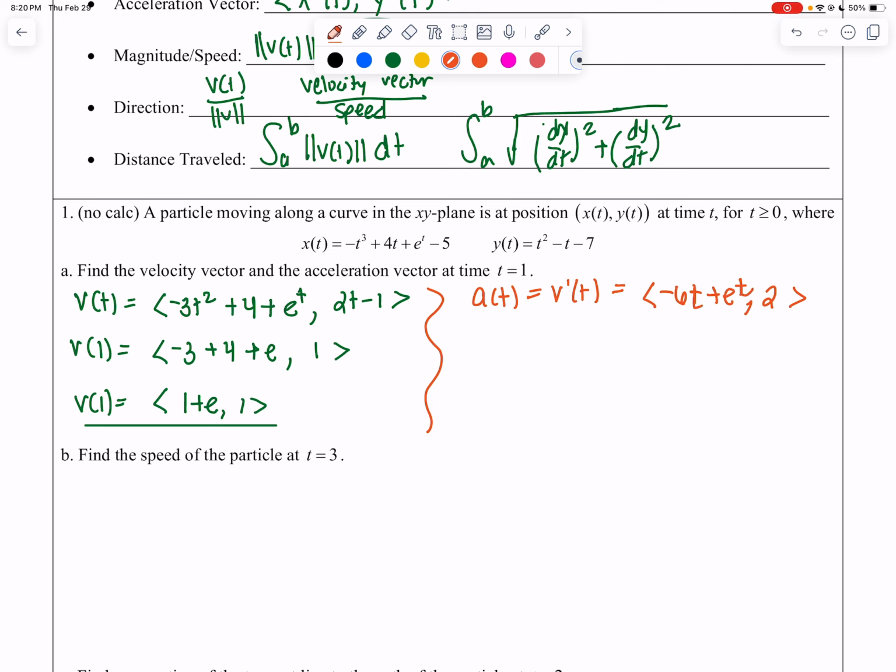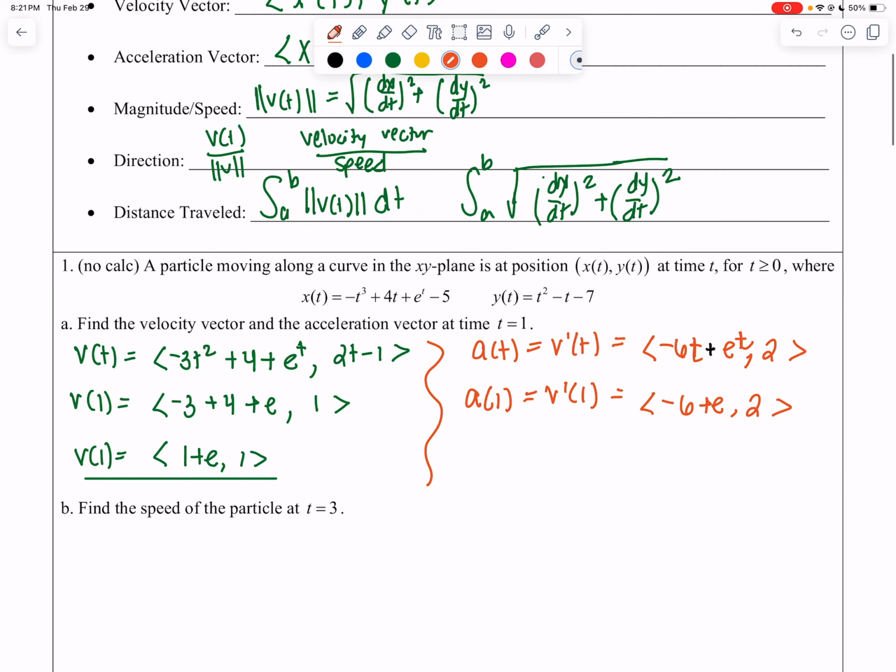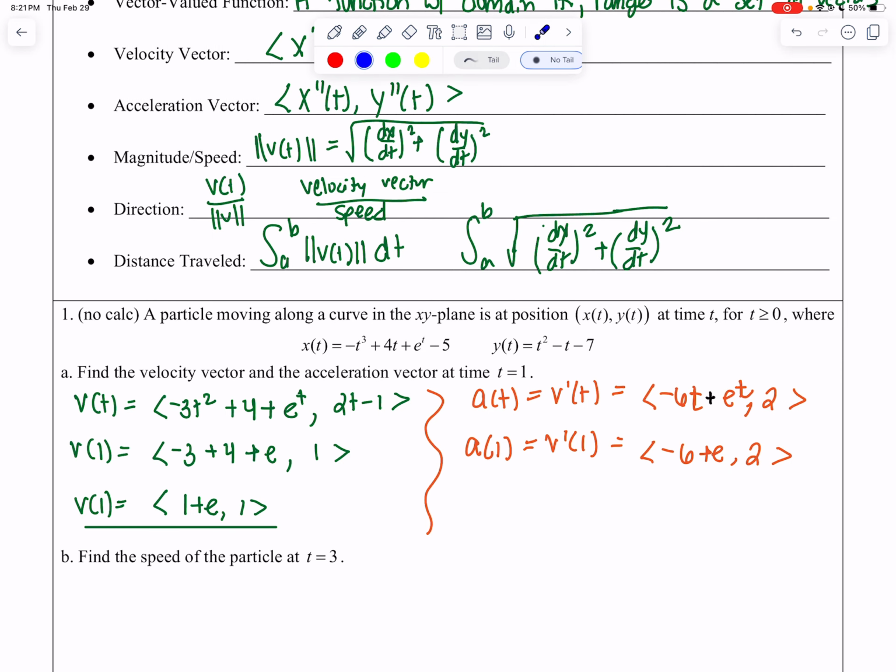All right. Part B says find the speed of the particle at t is equal to 3. So speed is going to be the square root of the x component of the derivative, and then the y component of the derivative, and then we're squaring them. So dx dt we saw earlier is this right here, and all you're going to do is just plug in 3.